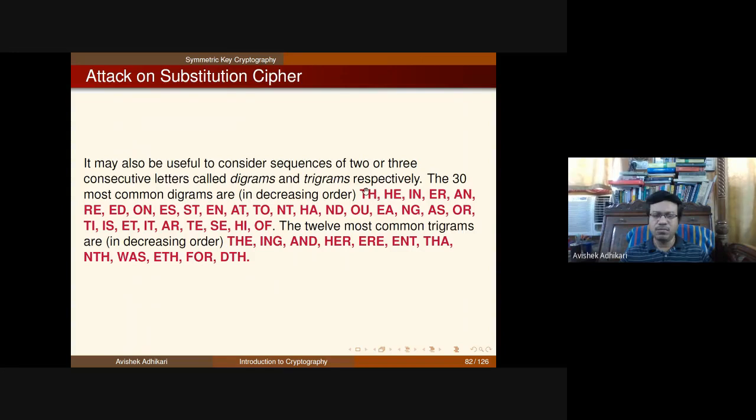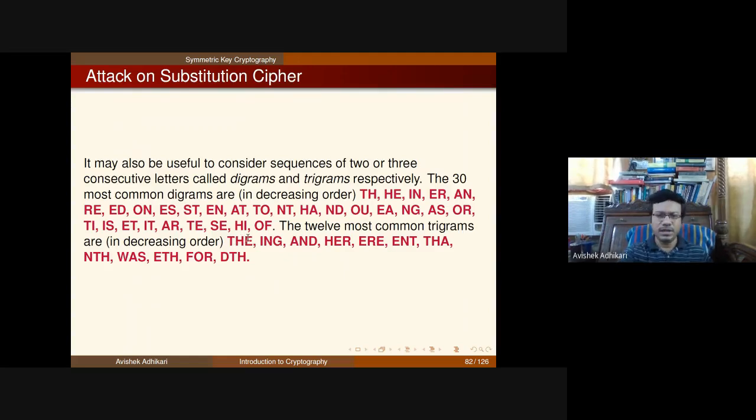TH is the most popular pair. Similarly, HE is the next most popular pair. We can also have THE, where three alphabets are together, which is the most frequently used triple, and so on.